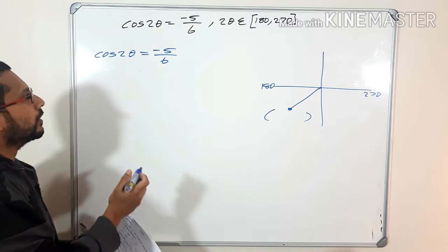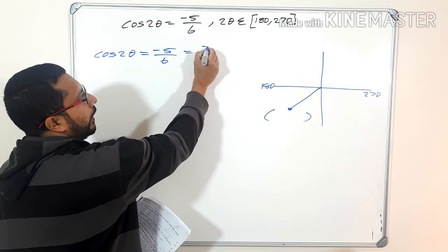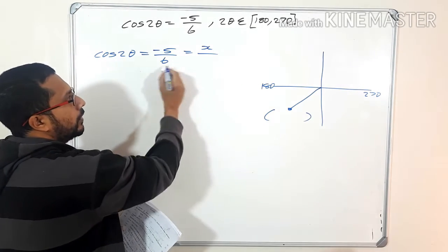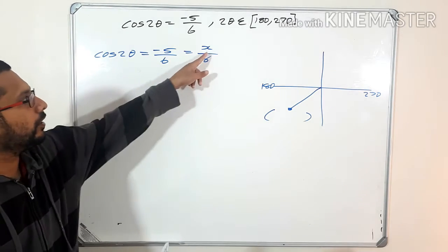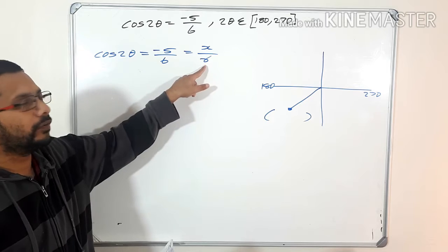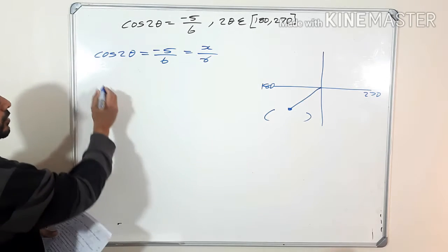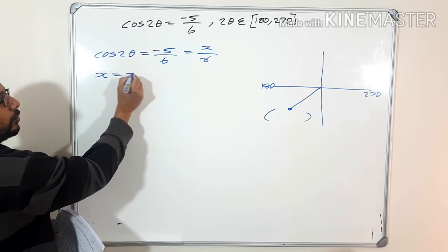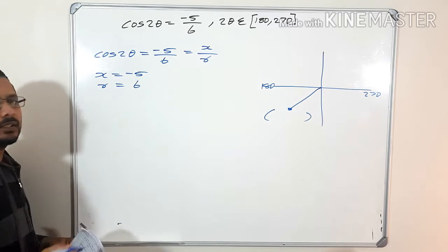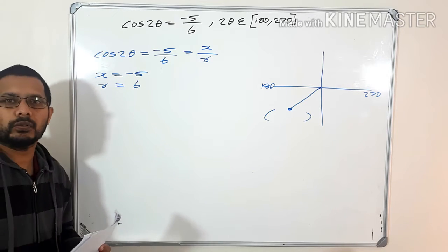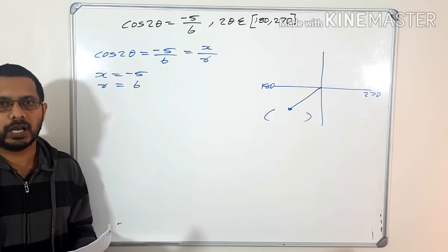Adjacent side we represent with x, and hypotenuse we represent with r. That means the value of x is minus 5 and the value of r is 6. We don't know the value of y.